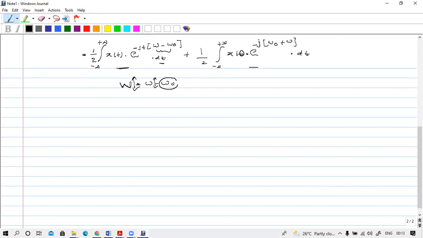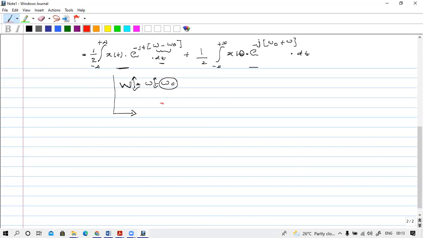Here we have only a shift. This is varying, and this omega is also variable. So I will get this term separately.